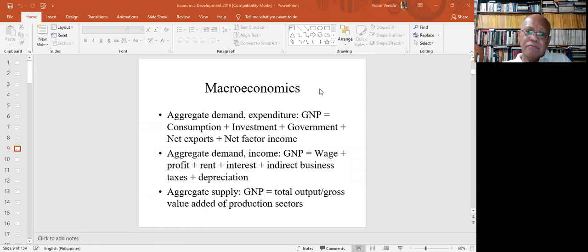Then you have wages, profit, rent, interest, which is the sum total of earnings of the different factors of production. Wage, therefore, is the payment for labor.